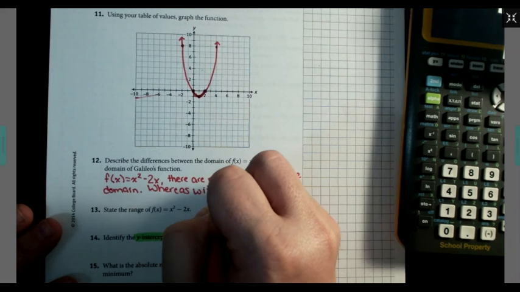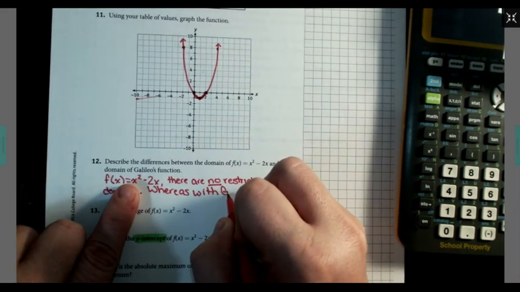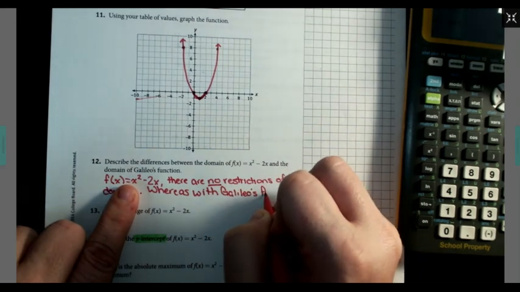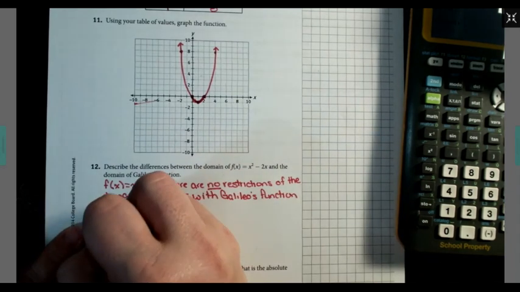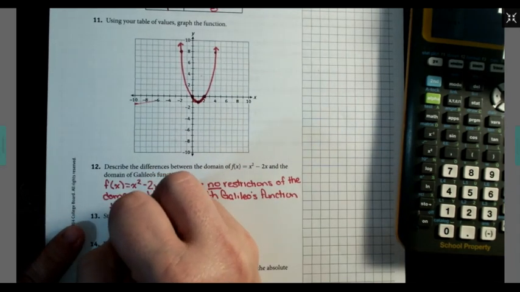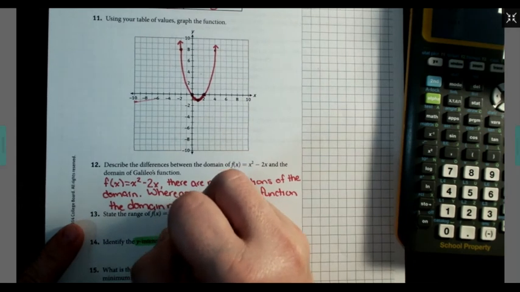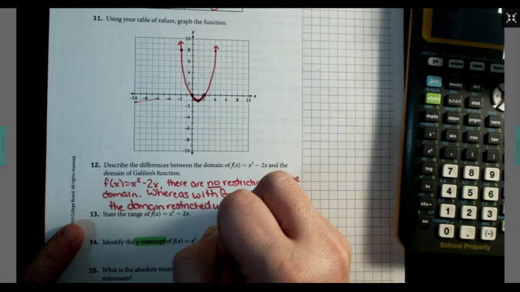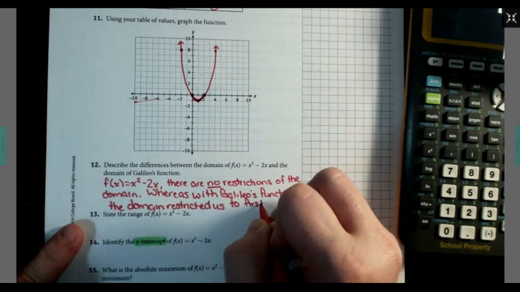Whereas with Galileo's function, the domain restricted us to first quadrant only.